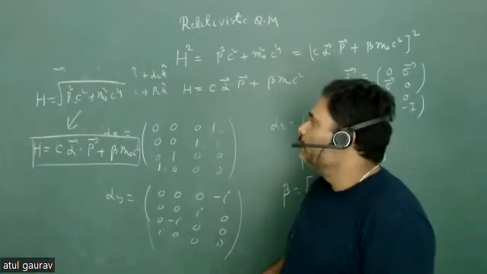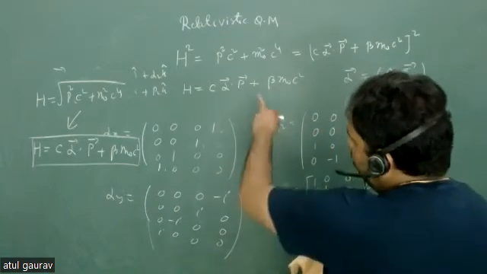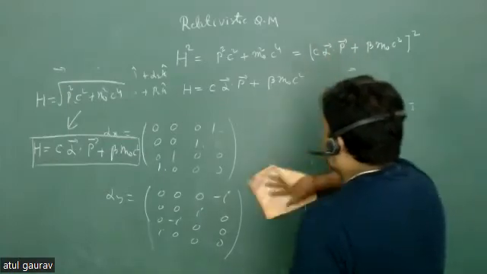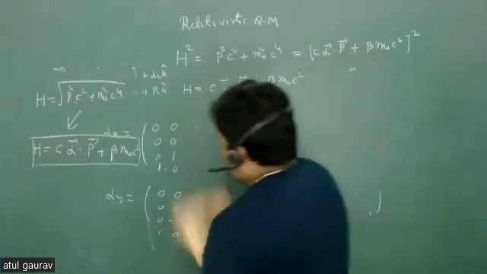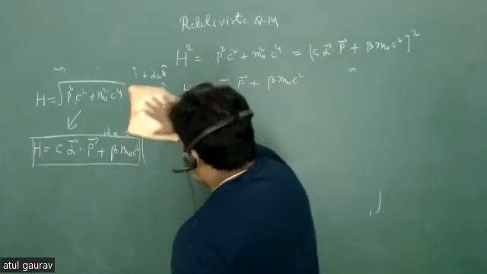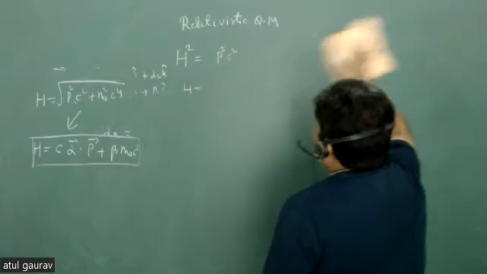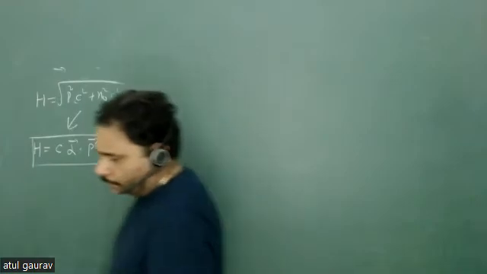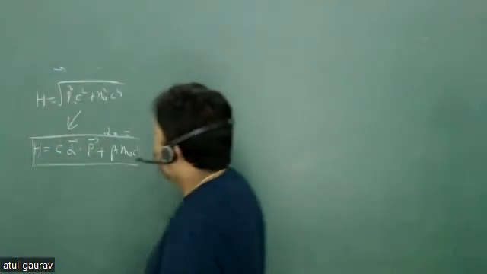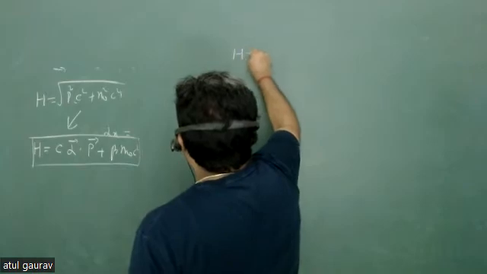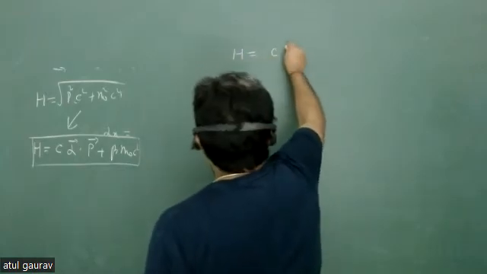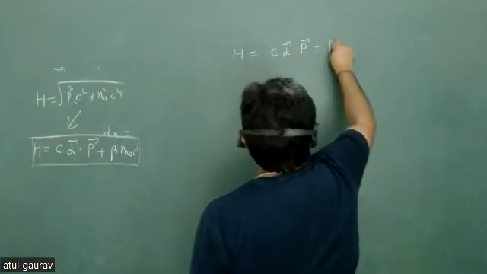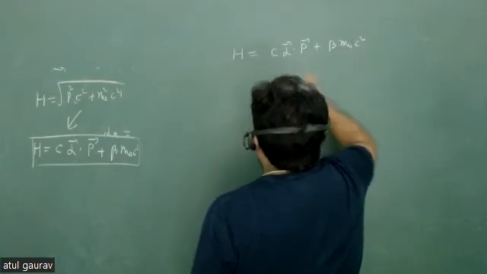Okay, so let's try to get the probability density and probability current density for the Dirac Hamiltonian. For this, let us try to discuss this. So obviously, what is your Dirac Hamiltonian? The Dirac Hamiltonian is c alpha dot P plus beta m naught c square.